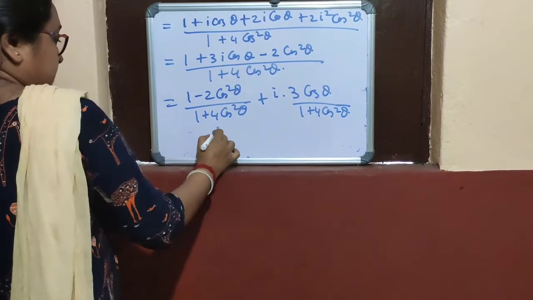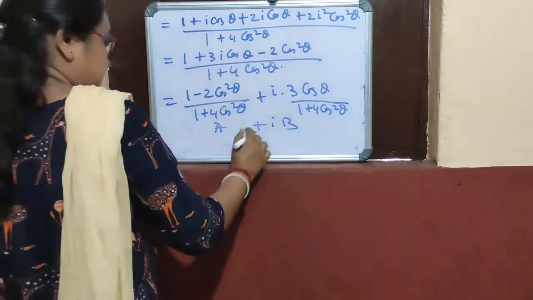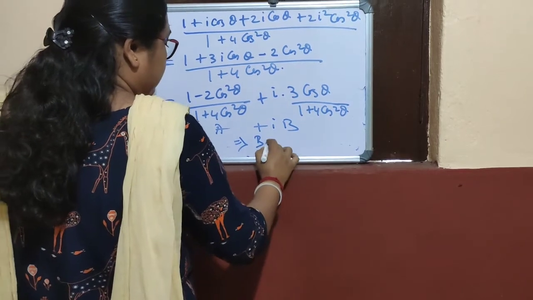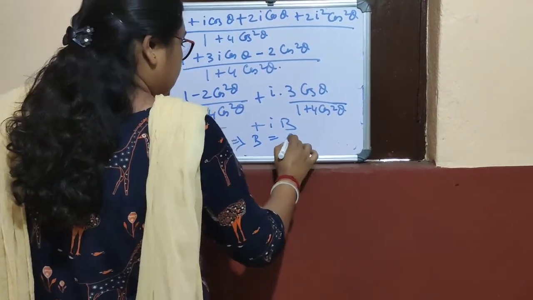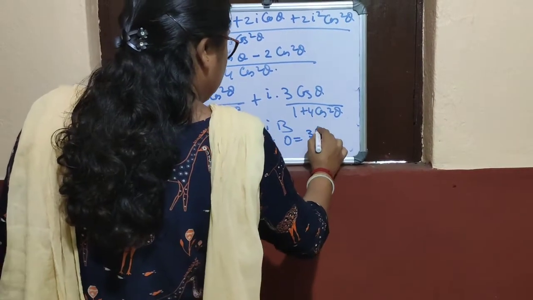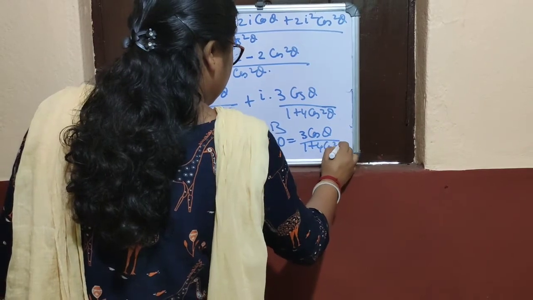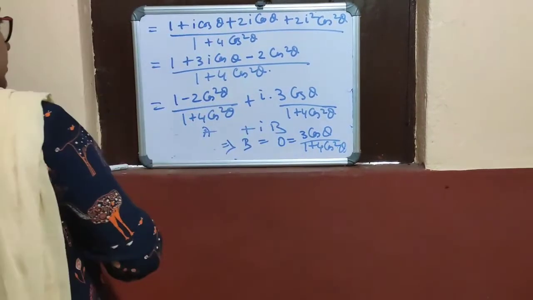The question says this is a plus ib with imaginary part 0, only real. That implies b equals 0, where b is equal to 3 cos theta divided by 1 plus 4 cos square theta. This is equal to 0.